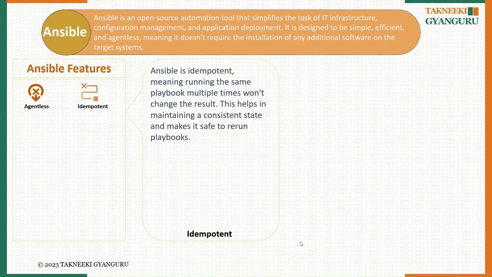If you are using a script to install Tomcat, the next time you run it, it will give you some error. So here it is stateful, where it will manage the state, and if it is already installed, then it will not impact.